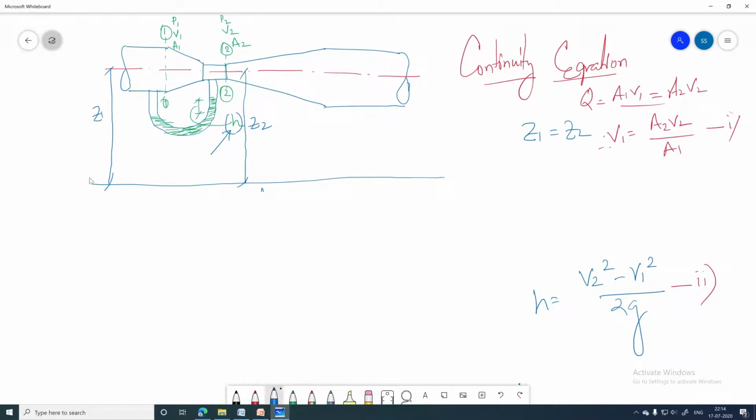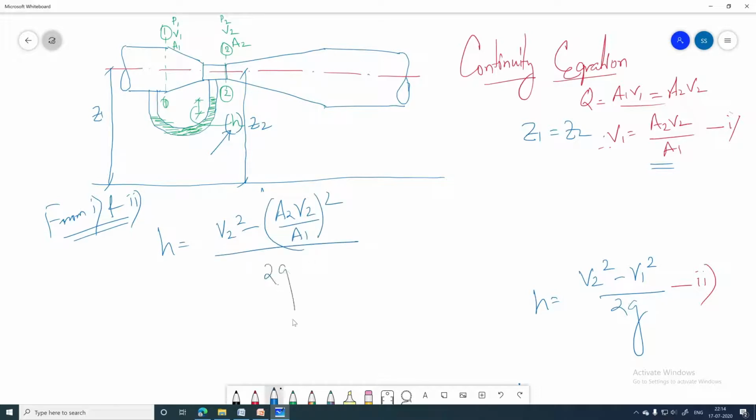Now from 1 and 2, we can write that H equals V2 square minus, in place of V1 we will write this, (A2 V2 by A1) whole square, by 2g.